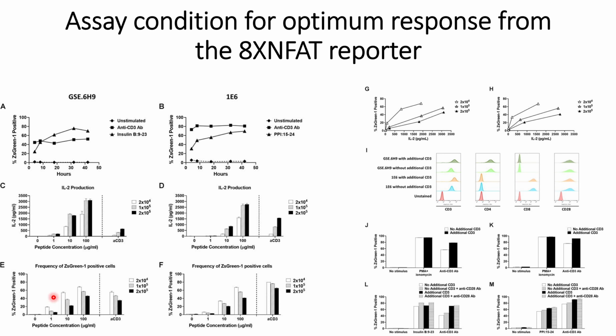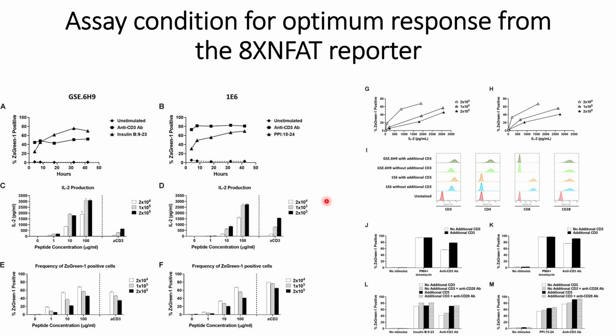However, the ZsGreen signal is high for the 2 into 10 to the power 4 cells per well, that can be seen in panel E and also panel F. When they checked it for the anti-CD3, they can see that the signals are also high when 2 into 10 to the power 4 cells are used. So they decided to continue with the 2 into 10 to the power 4 cells per well.